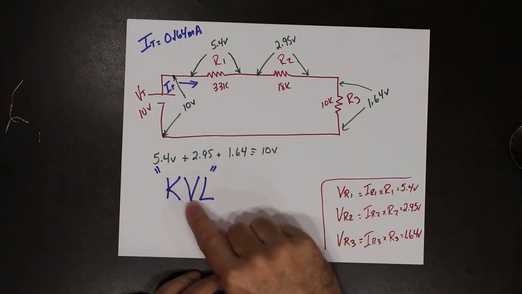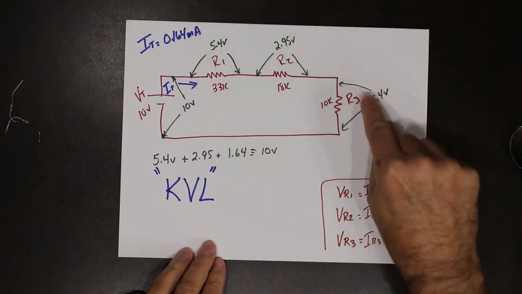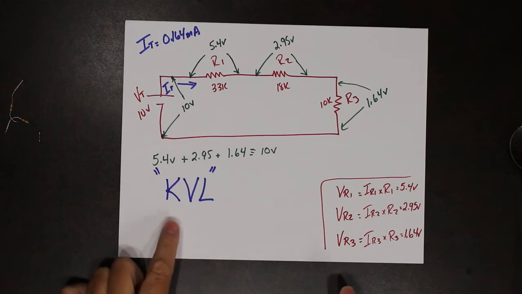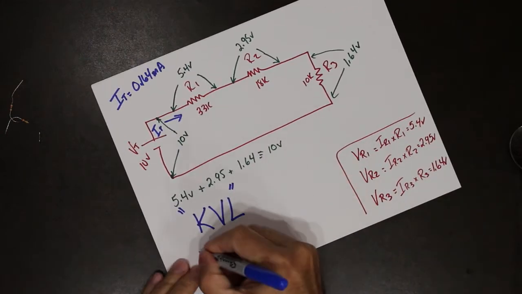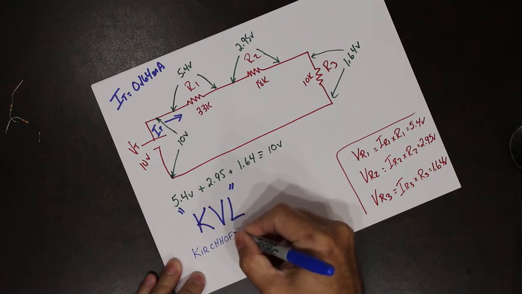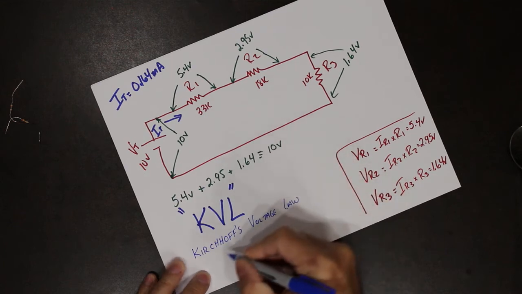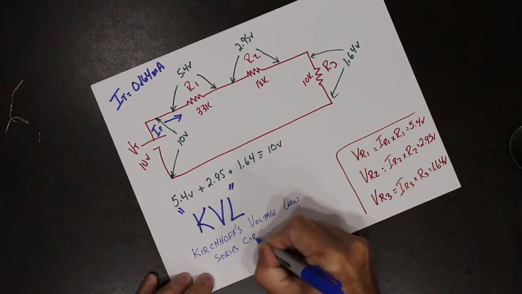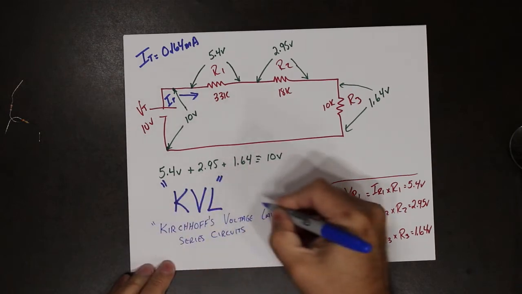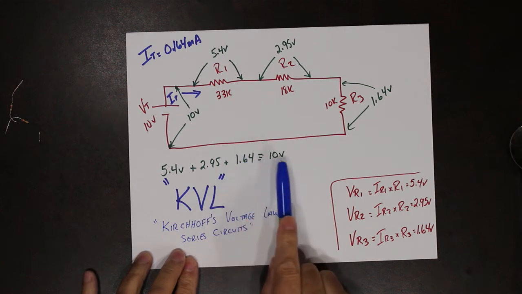So again, Kirchhoff's voltage law for a series circuit states that all of the individual voltage drops must add up to the total.